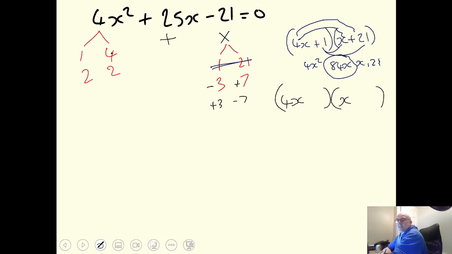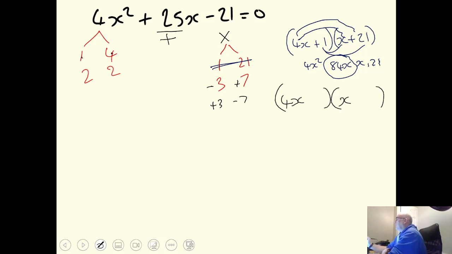We don't know where that's going to be yet. But we do need to get 25. So if we think 4 times 3 gives me 12, 1 times 7 gives me 7, so 12 and 7 gives me 19, that's not going to work. Let's try it the other way around. 4 times 7 is 28, 1 times 3 is 3, and if I take the 3 away, that will give me my 25. So again, at this point, it is just trial and error.